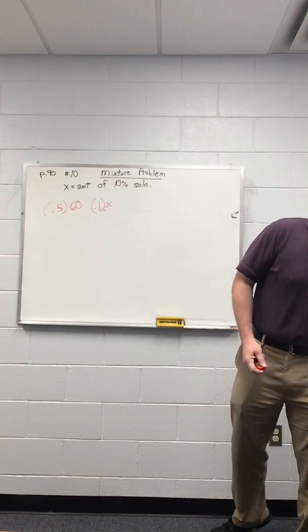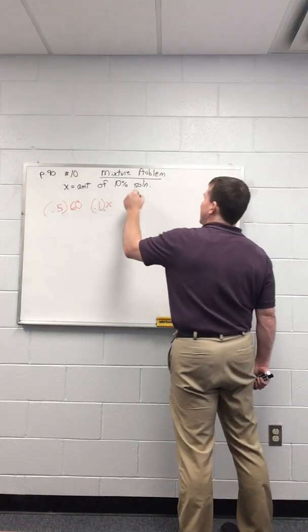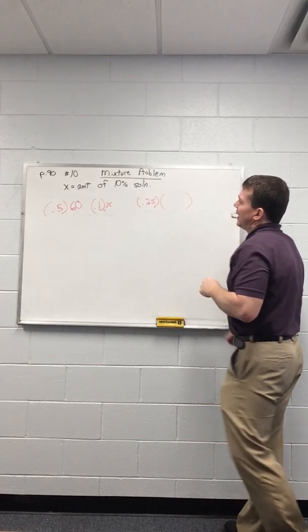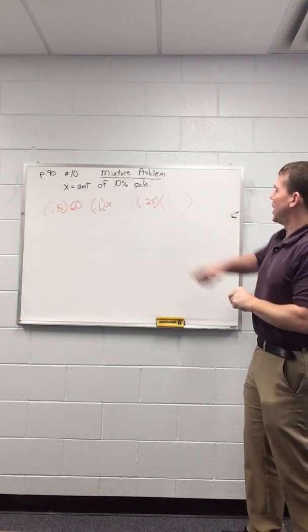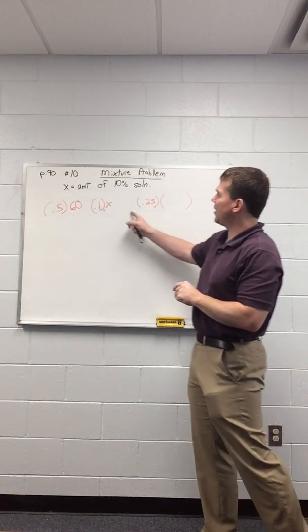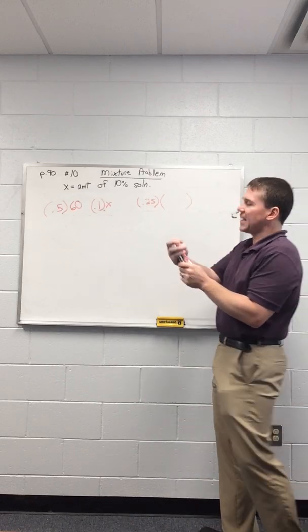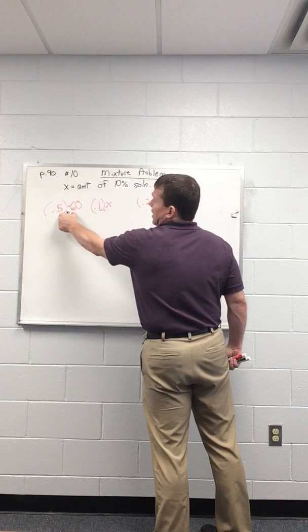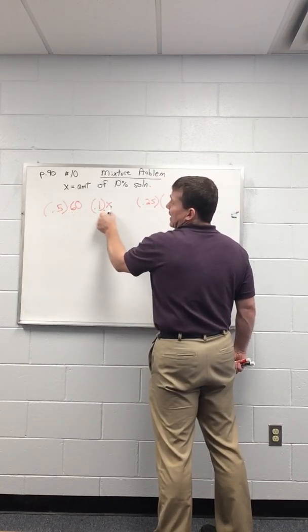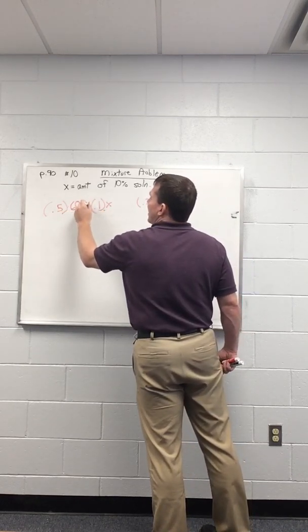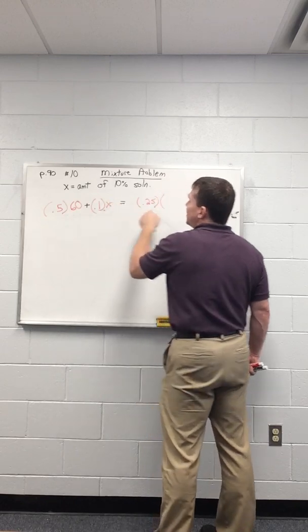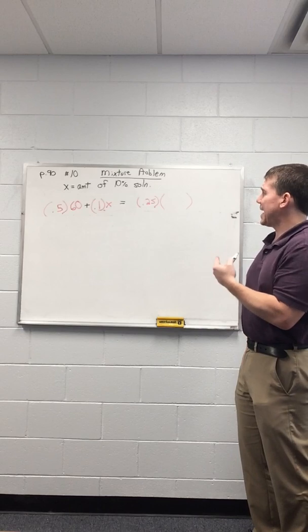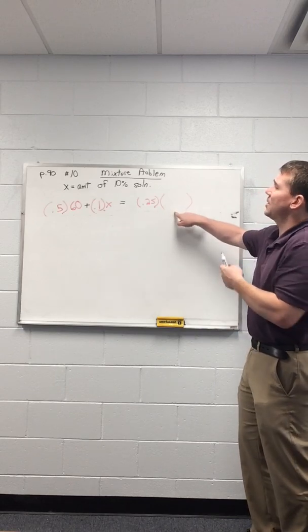And then I'm told I want a 25% saline solution, so that's 0.25. The only question is what goes there and how do I relate these? But if we do what I used for interest, this is the saline from the first solution, this is the saline from the second solution. If I add them together, they should equal the saline from the total solution. So that makes sense. The only question is what goes here.